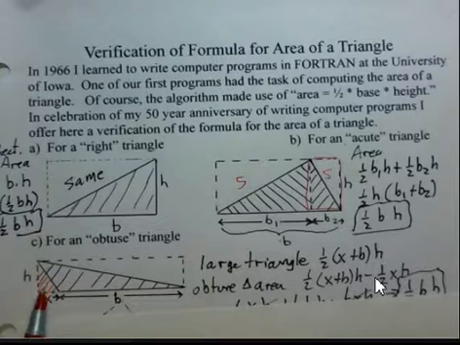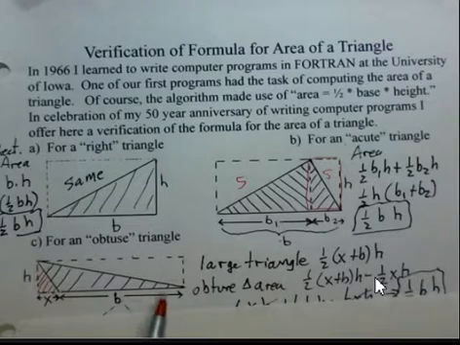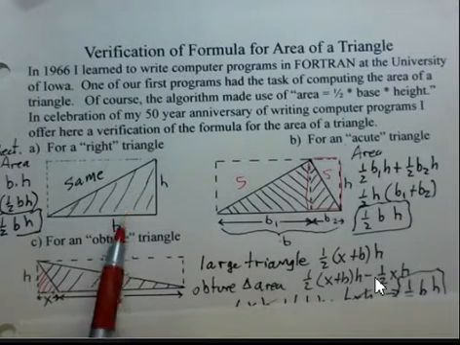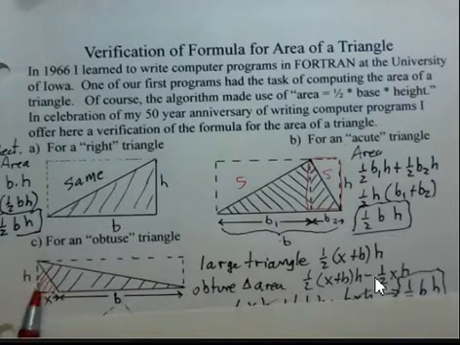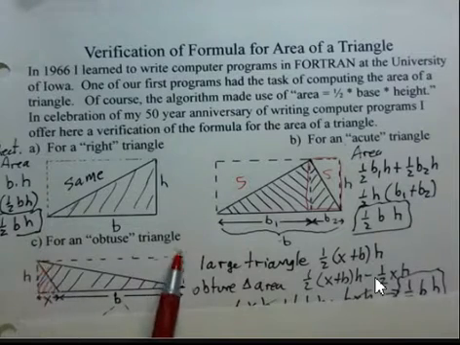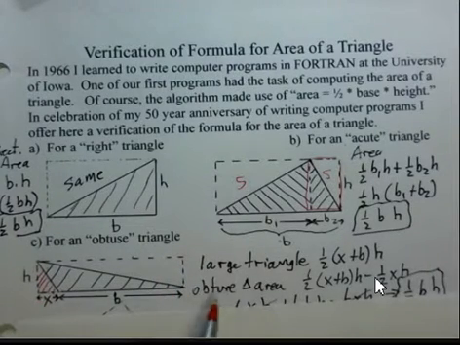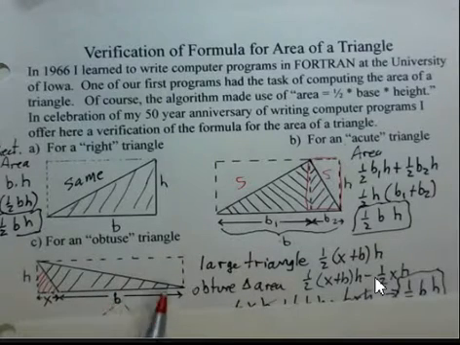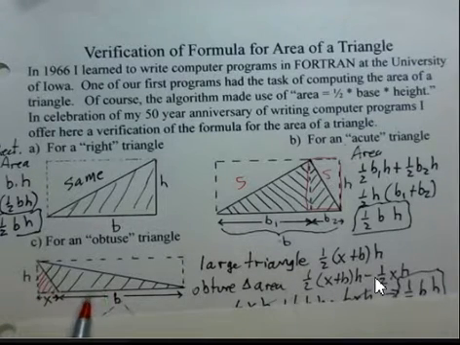It also has height h. So this large triangle is now our case 1 situation again. It's a right triangle. It's fitting in this rectangle, and it'd be 1/2 the base, which is x plus b, times the height. That's the area of a triangle, and we're doing this full large triangle.